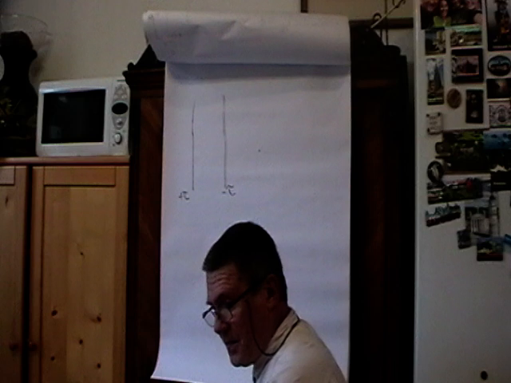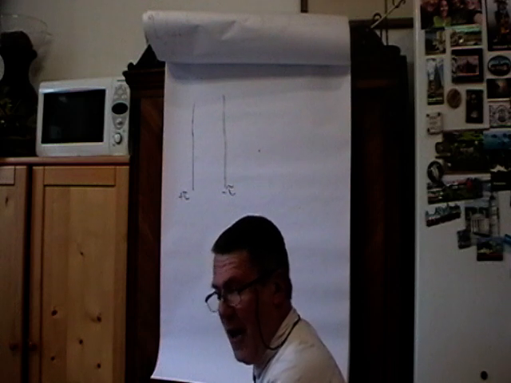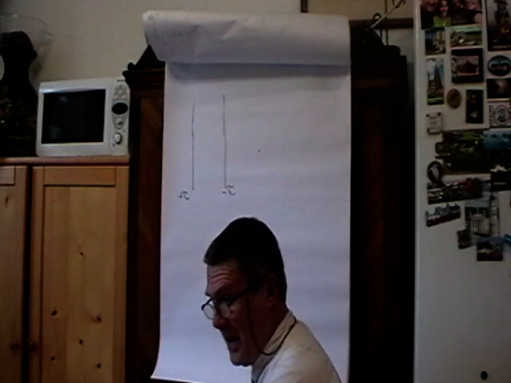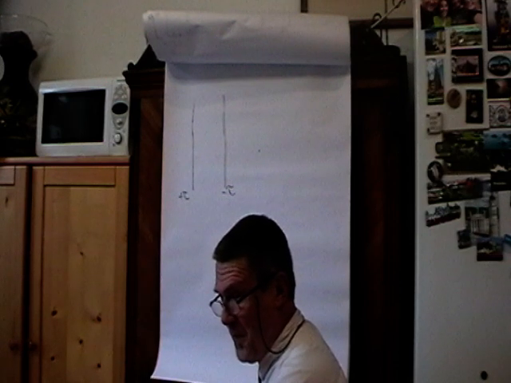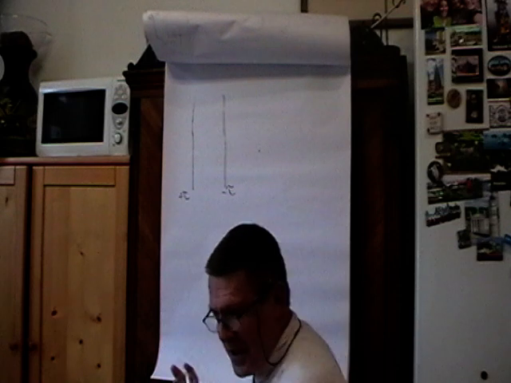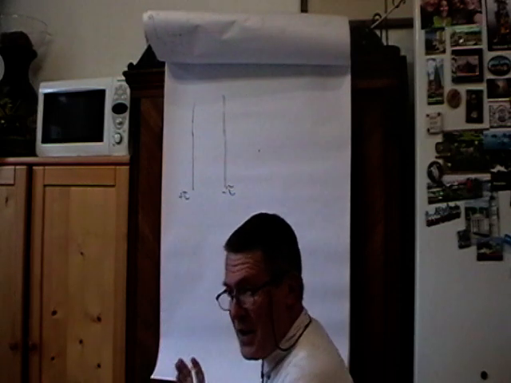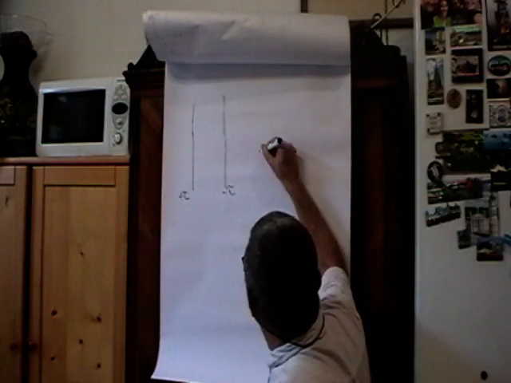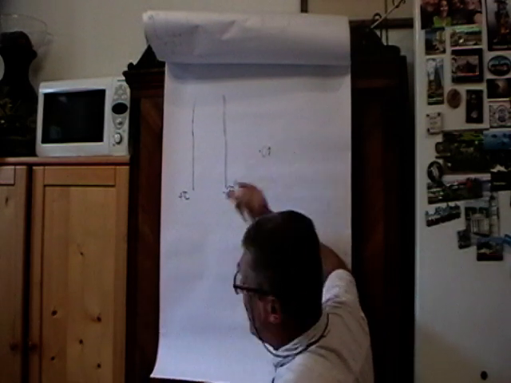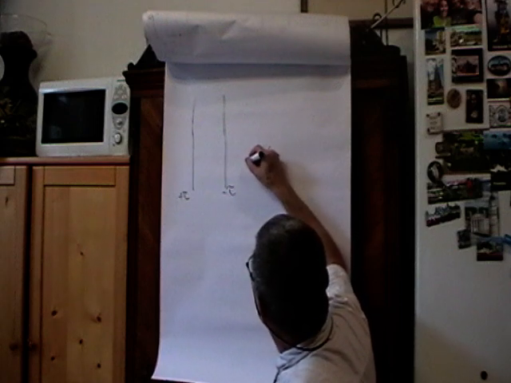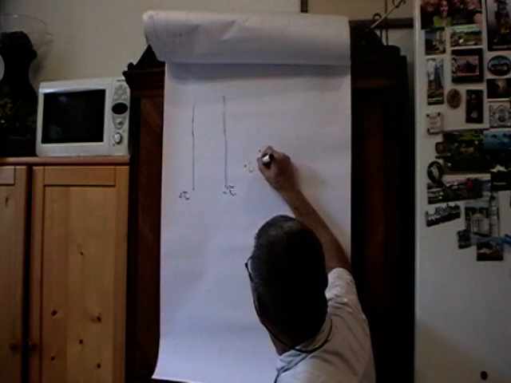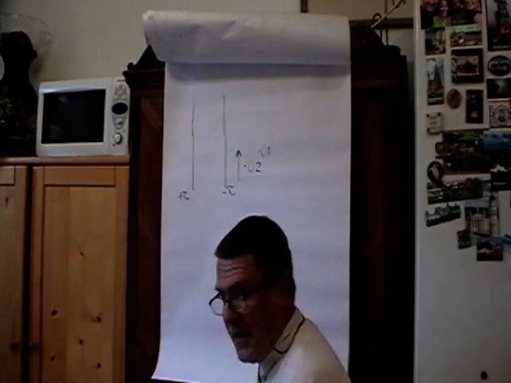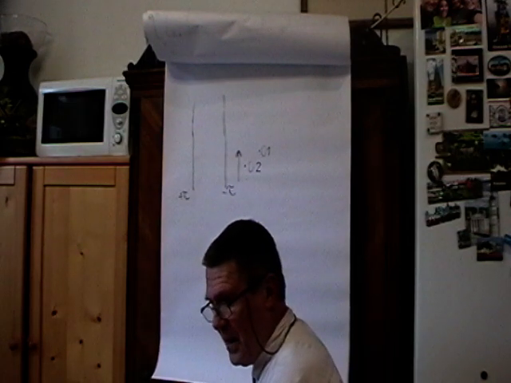But now, what if we have another observer, and this observer is moving? For simplicity, he would just move in the direction of the transmission line. So we have observer 1, which is fixed, and observer 2, and he moves along the line. What is the difference?